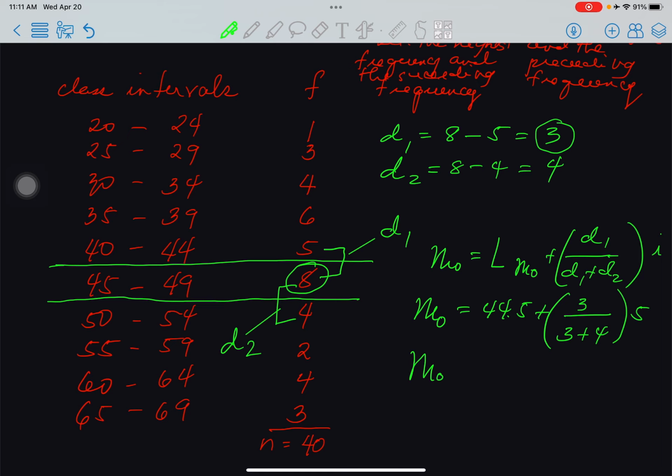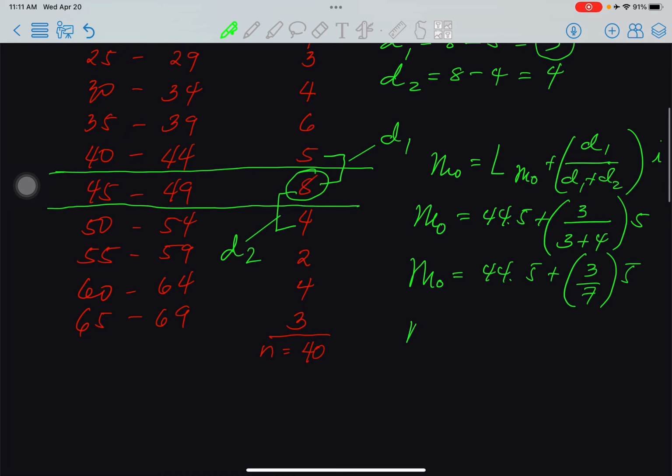So our mode is equal to 44.5 plus 3 all over 7 multiplied by 5, so our mode is equal to 44.5 plus 15 all over 7.